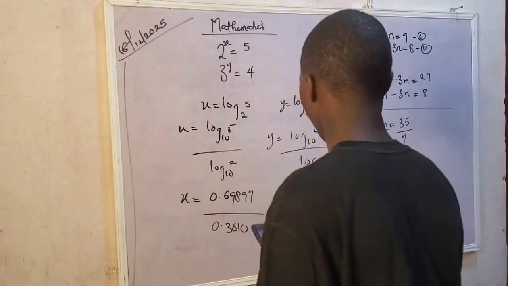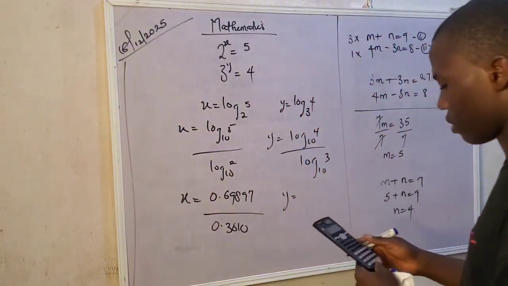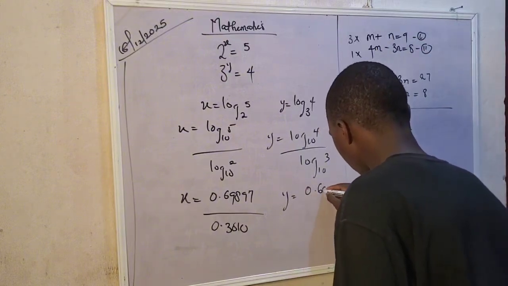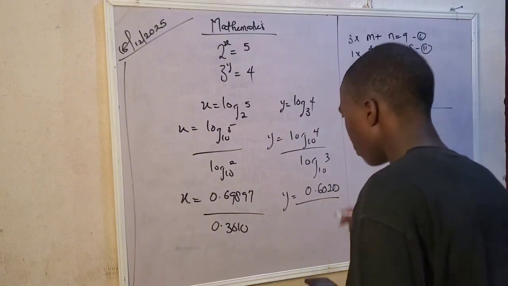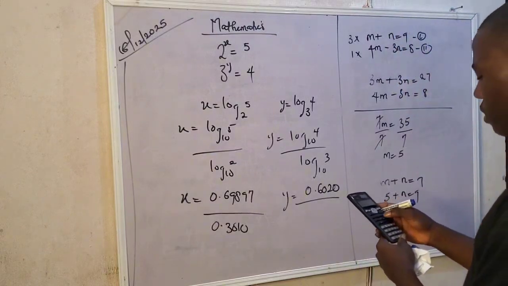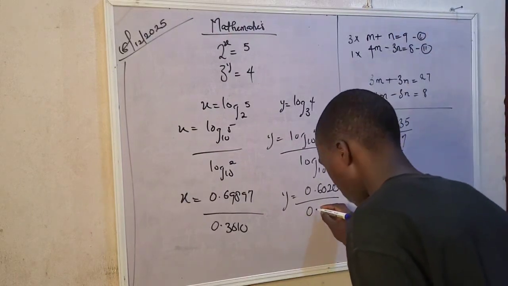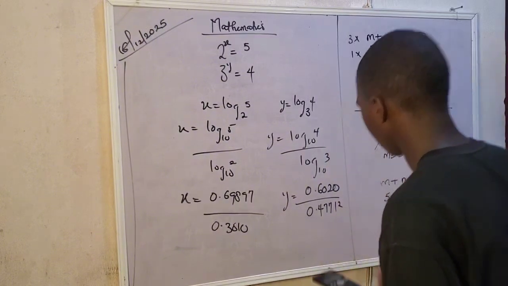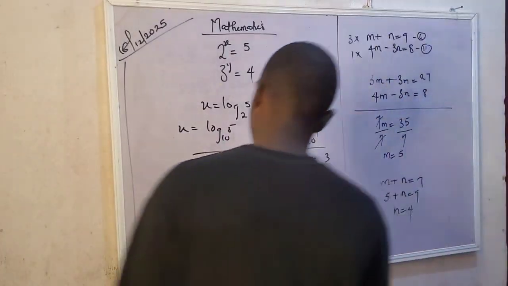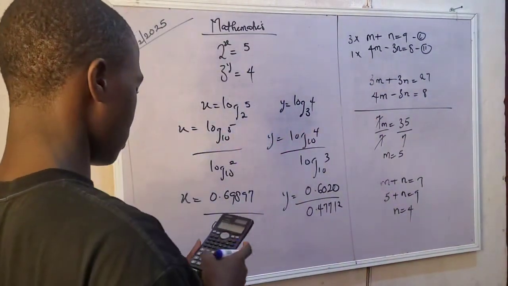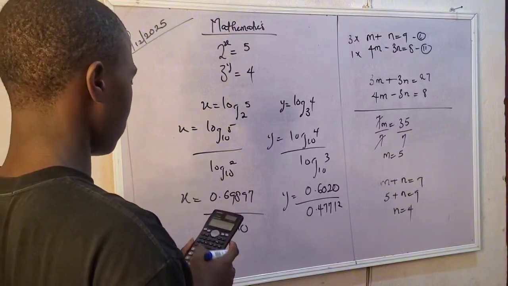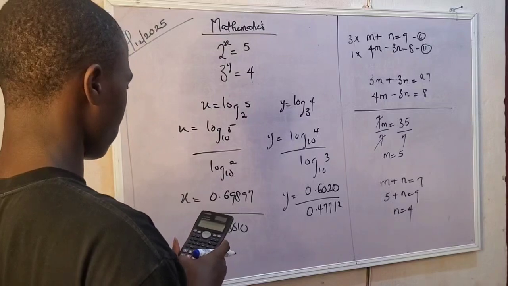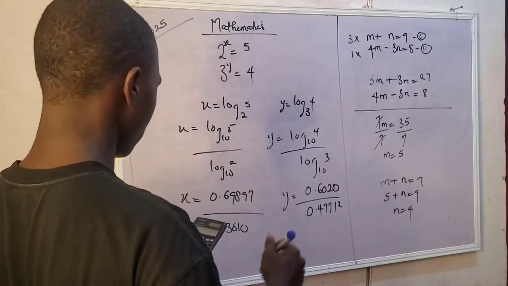So for y, log 4 gives 0.6020, and log 3 becomes 0.47712. So let's divide. X becomes 0.69897 divided by 0.3010, which is 2.32.